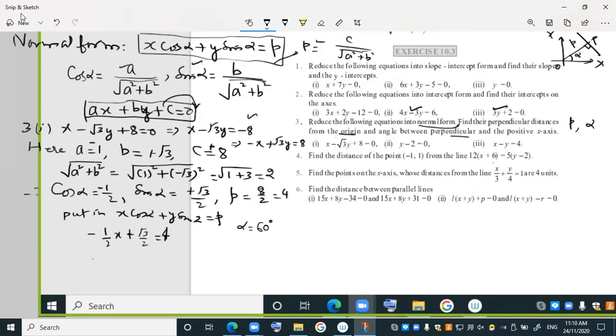So minus, now 1 by 2 is what? Cos 60 degrees. So we can write minus cos 60 degrees x plus, this is y, under root 3 by 2 is the value of sine 60 degrees, sine 60 degrees y is equal to 4.